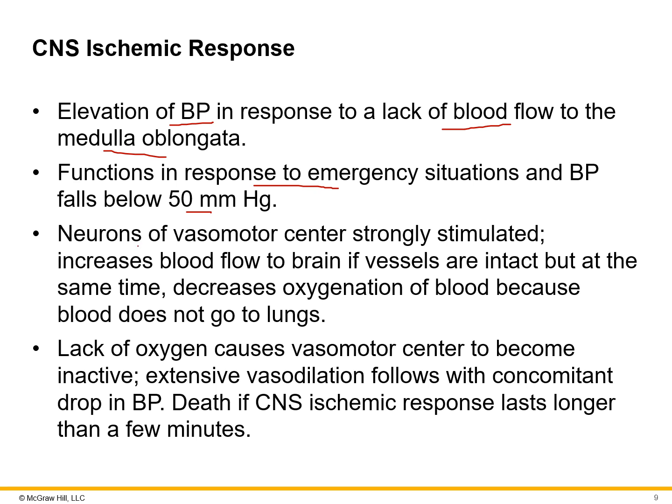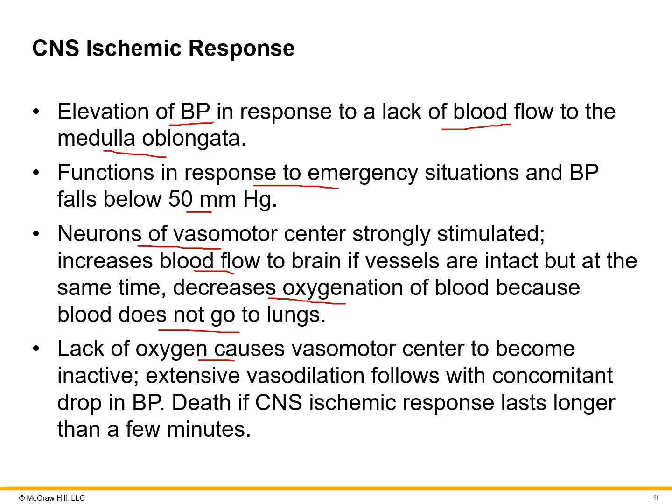Here, the neurons of the vasomotor center get strongly stimulated to increase blood flow to the brain, as long as those vessels are intact, but it also decreases oxygenation of the blood because the blood's not going to the lungs. So it's kind of a double-edged sword.